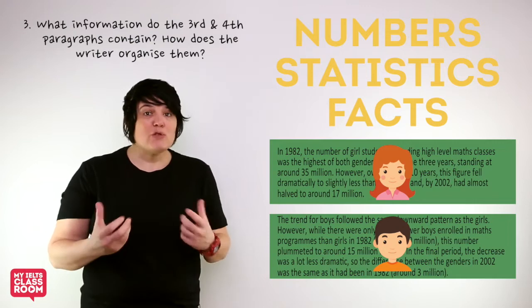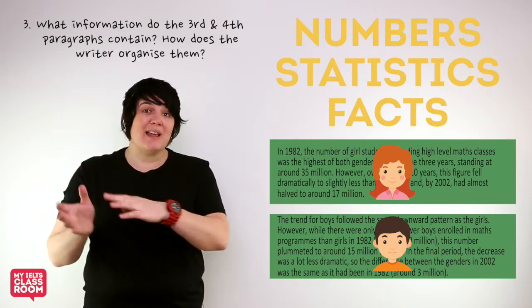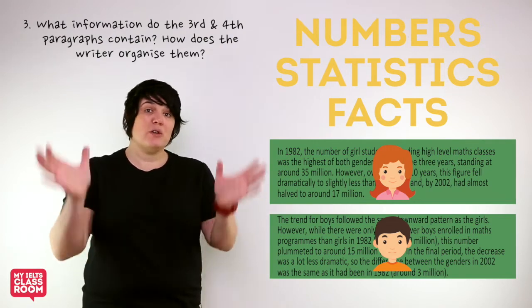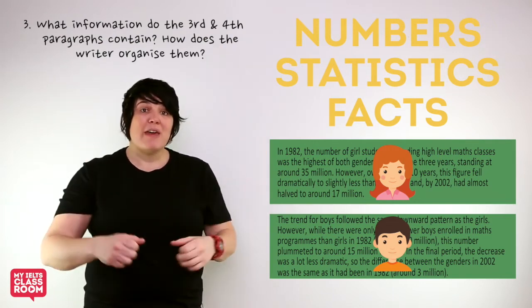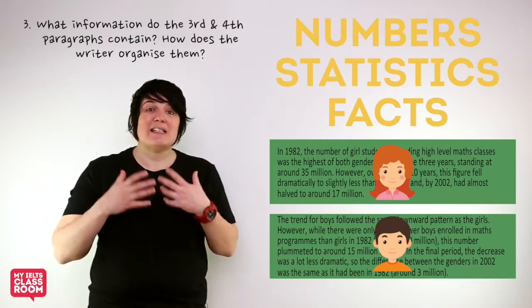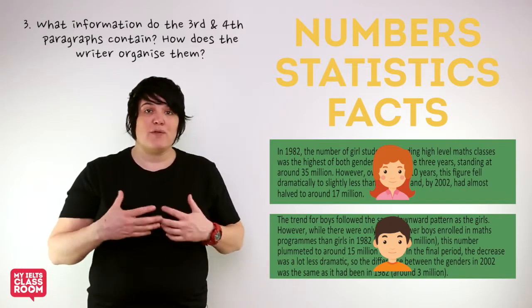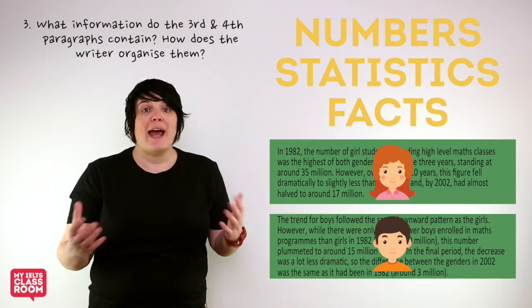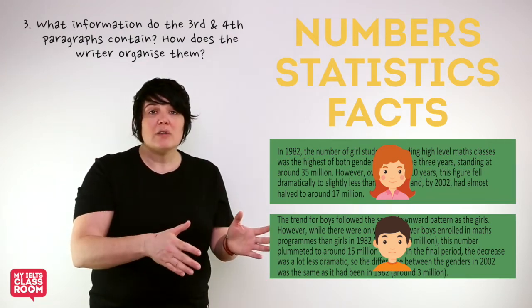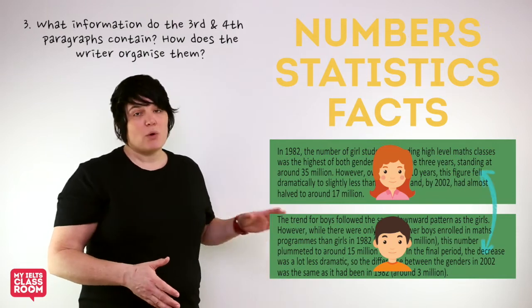Well, in this report, there were more girls than boys who studied maths. So therefore, because they are the biggest group, they're the most important group. And therefore, we should really start by discussing those first. If we had the opposite situation, if there were more boys than girls, then we might start with the boys.